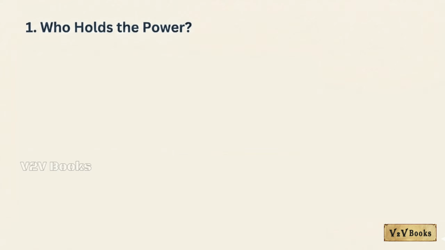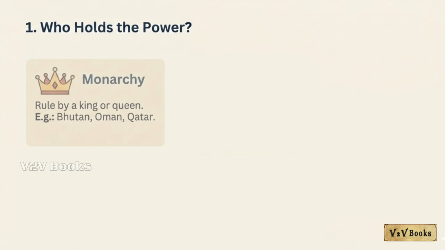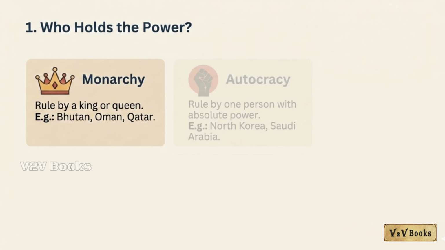So, on one far end of the spectrum, you have systems where all the power of the state is legally in the hands of a single person. And this isn't just about being a strong leader. It means the entire government machine answers to the will of just one individual. Think of an absolute monarch from the history books or a modern-day dictator.